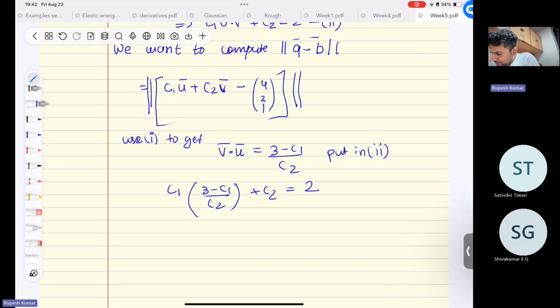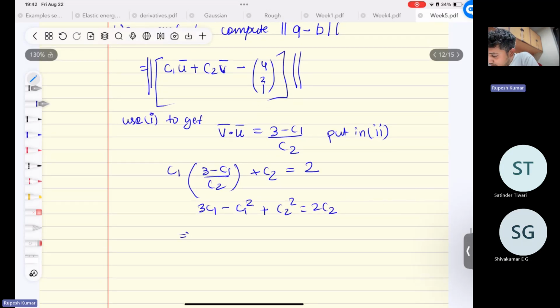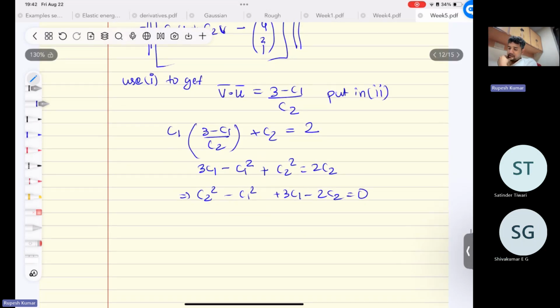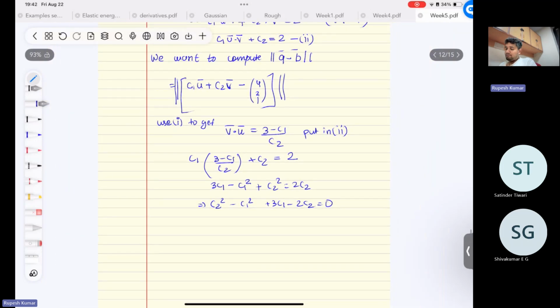Fine. So where can we go from here? Let's see. So 3c1 minus c1 squared plus c2 squared equals 2c2. So you get c2 squared minus c1 squared plus 3c1 minus 2c2 equals 0. So we get this equation. This is two variables, one equation.